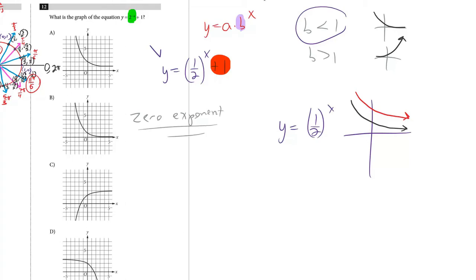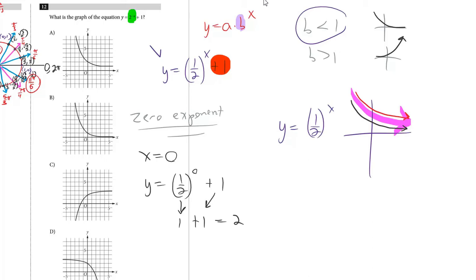We know the general shape looks like something like this, but we need to know where this thing hits the y-axis. So when x is 0, that gives us y equals 1/2 to the 0 plus 1, and anything to the 0 power is 1. So now we know that it's hitting at 2.